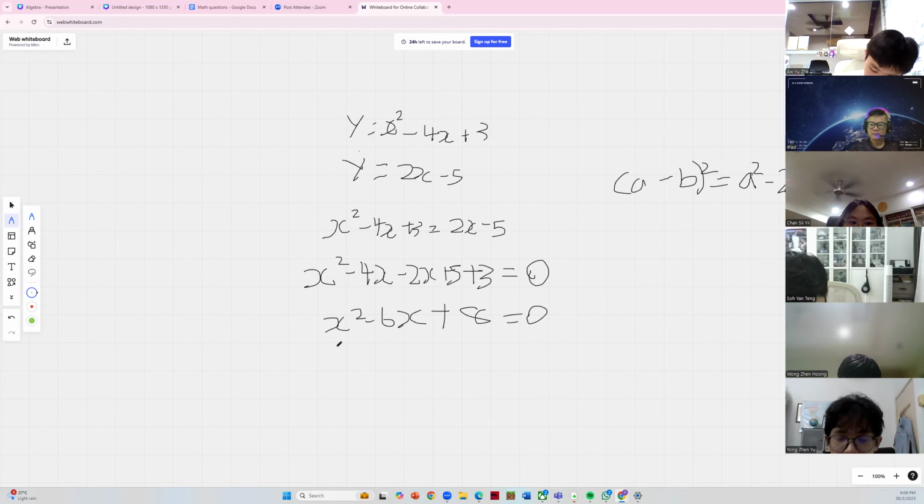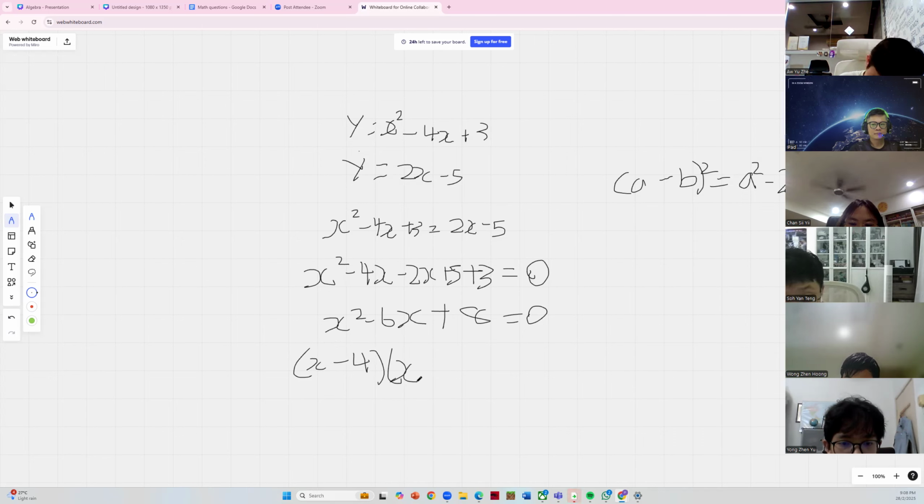So we can factorize this into x minus 4 and x minus 2, something like this. This is the original formula, but we factorize and it becomes like this.